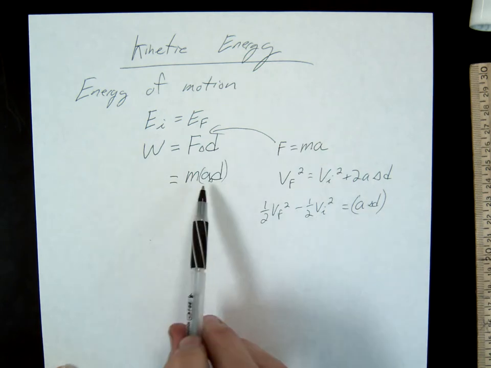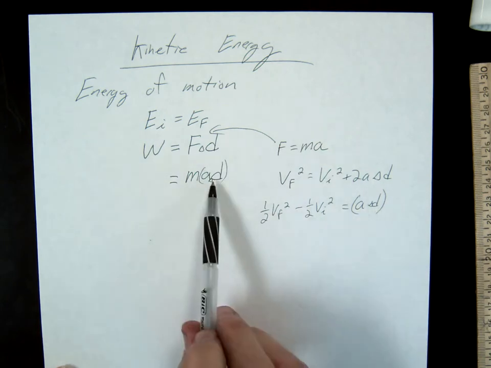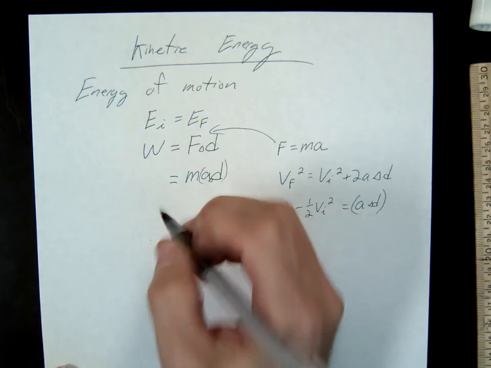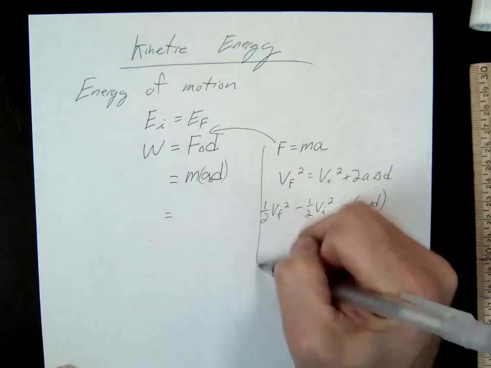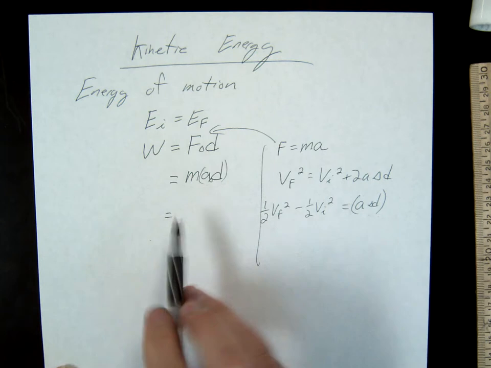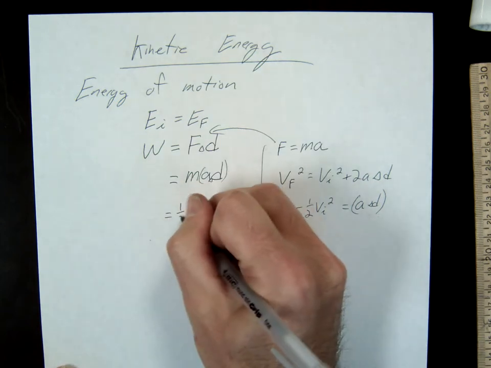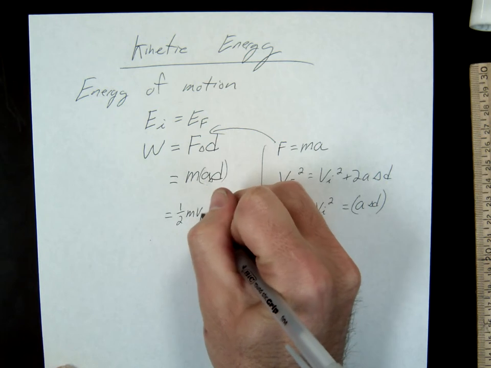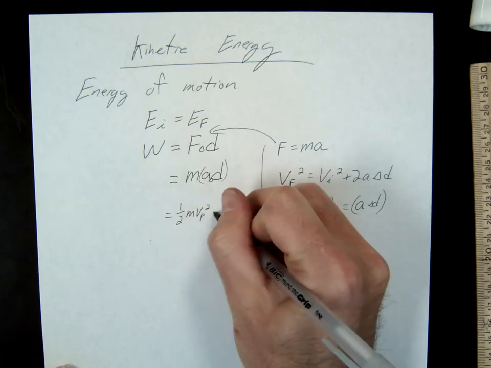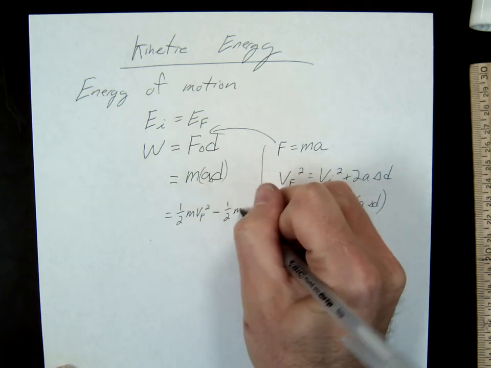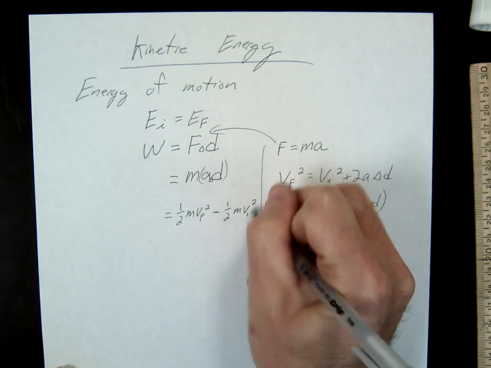And then we'll just make this substitution, the AD for the AD. So what we're left with is, we're just going to multiply this by m, right? So we're left with 1/2 mv final squared minus 1/2 mv initial squared.